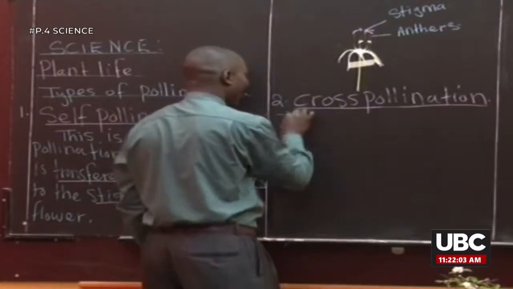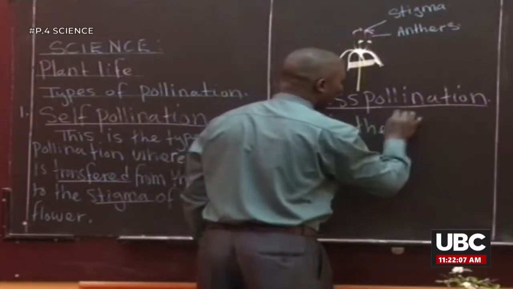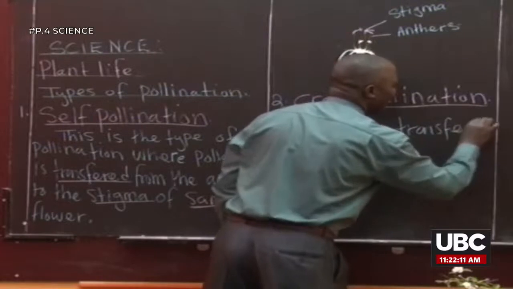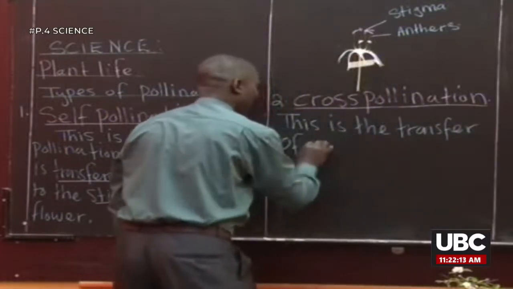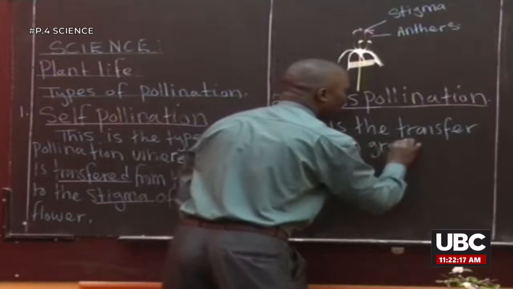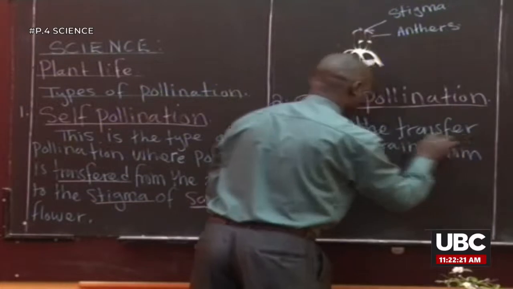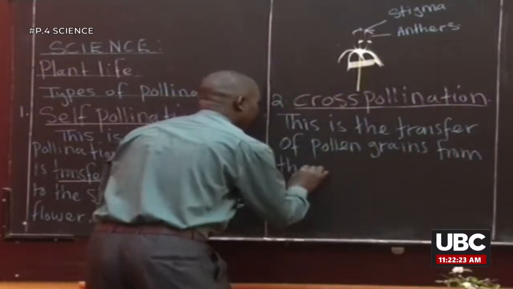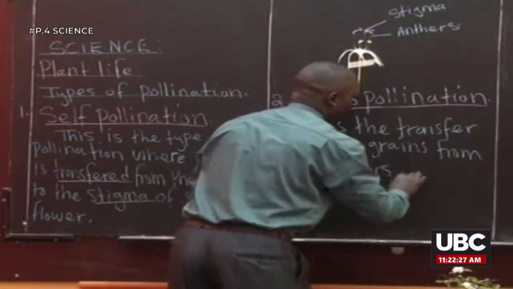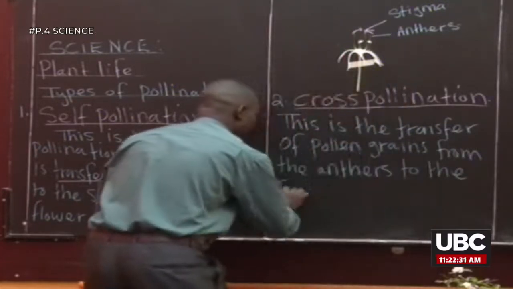We shall say this is the transfer of pollen grains from the anthers to the stigma.